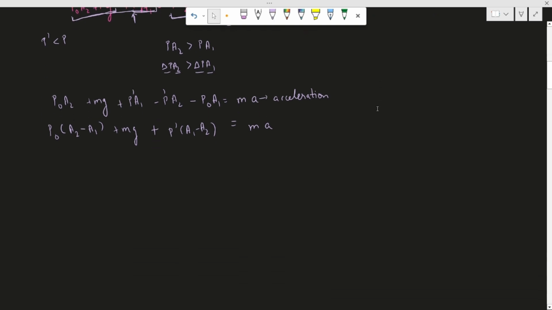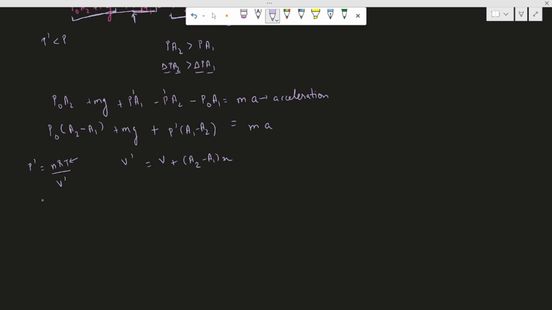Now P dash we can also write as nRT, because T is constant, by V dash. V dash we have already found out: V plus (A2 minus A1) into x. So we can rewrite this equation as plus nRT by V dash.